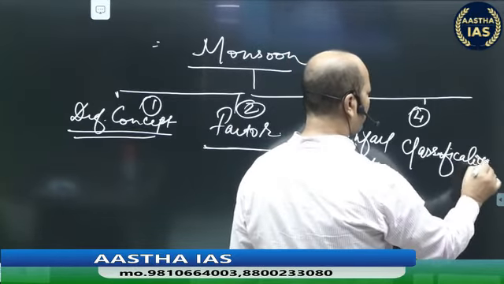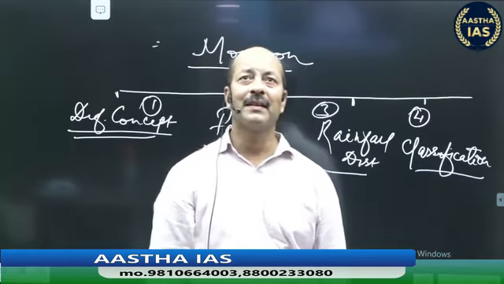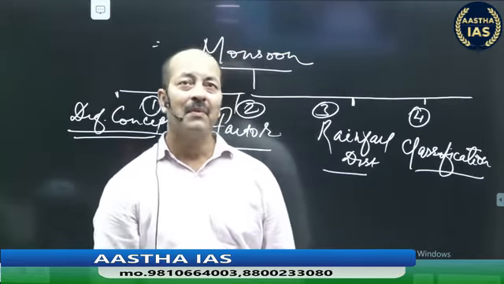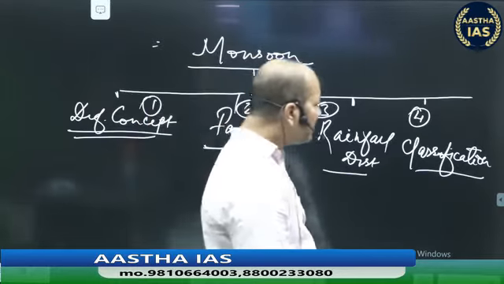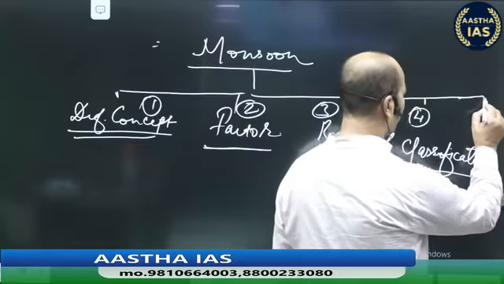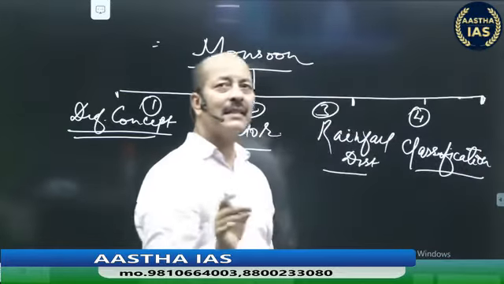Mainly we follow the general classification of climate for India. It is good for planning purposes, for agriculture planning. The fifth thing we have is the disasters related to climatic conditions.